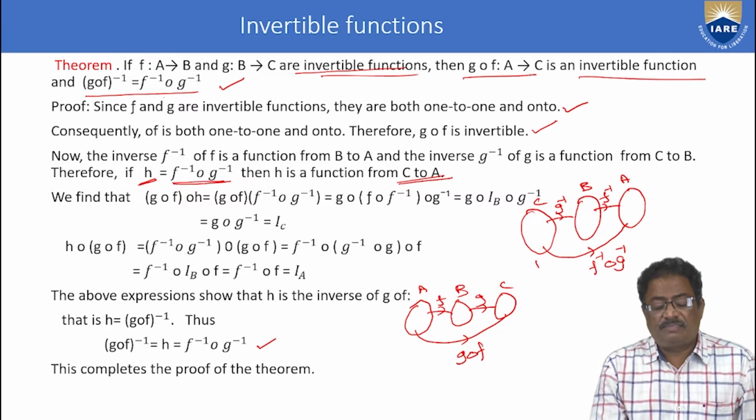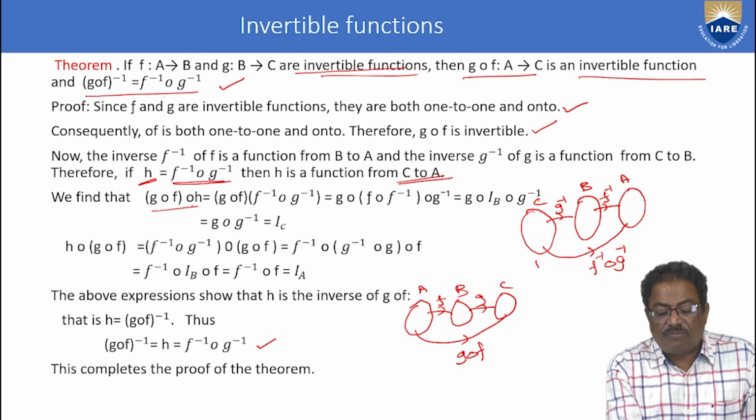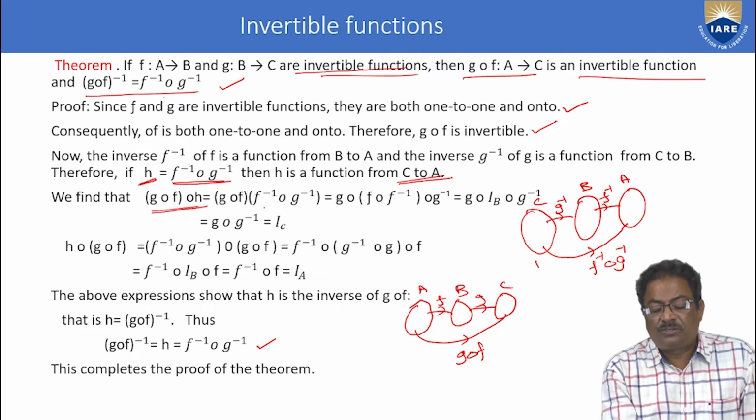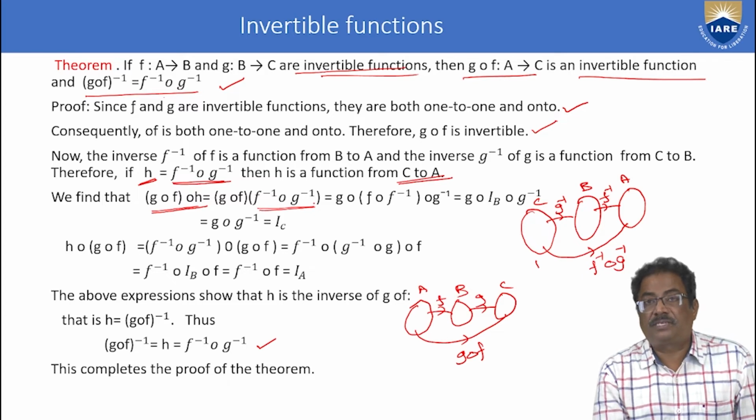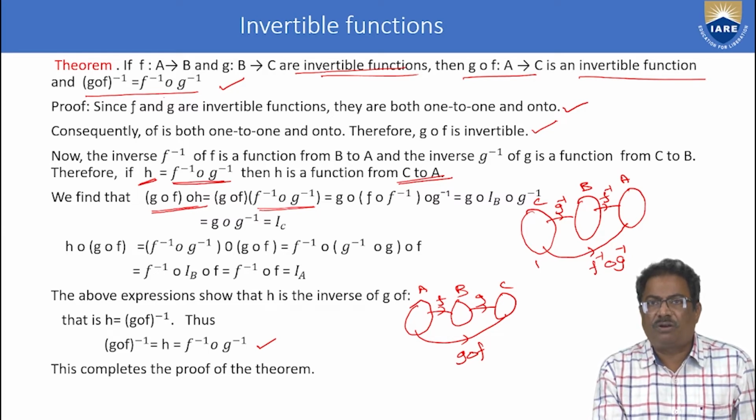Now let us consider h, I am taking like this, then g of f of h. We already know that function composition, the function product, satisfies the associative law.